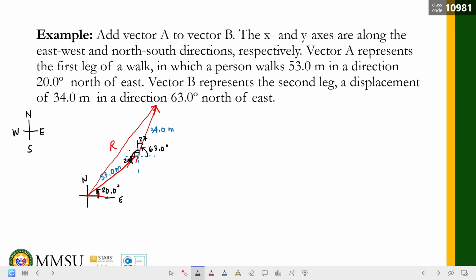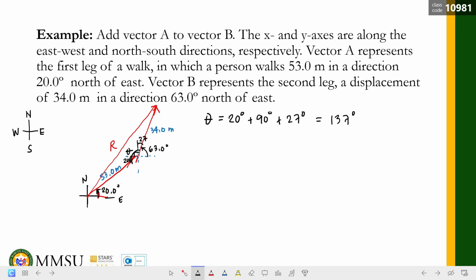So, tawagin natin itong theta. So, theta is equal to 20 degrees plus 90 degrees plus 27 degrees, which is equal to 137 degrees.